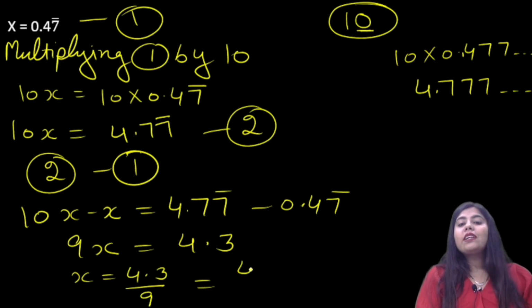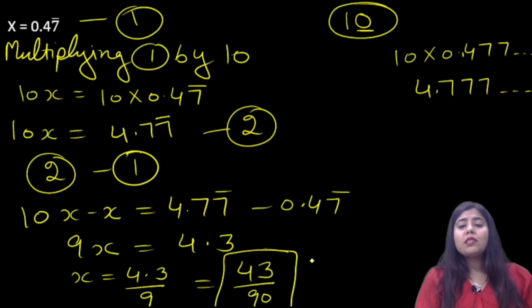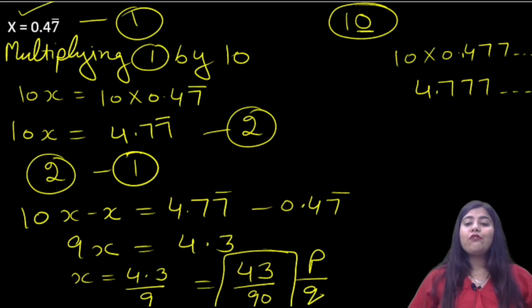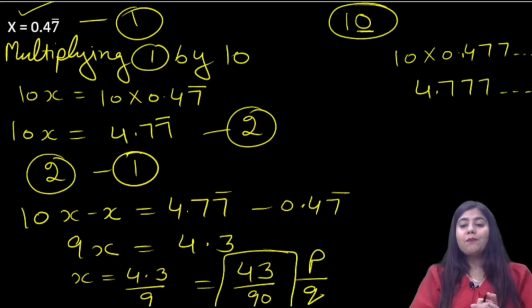Also we can write it as 43 upon 90. This is the rational form, means p by q form, where 43 and 90 both are integers, and the denominator is 90, so it is not equal to 0. So it is the rational form of the given decimal expansion 0.47 bar.